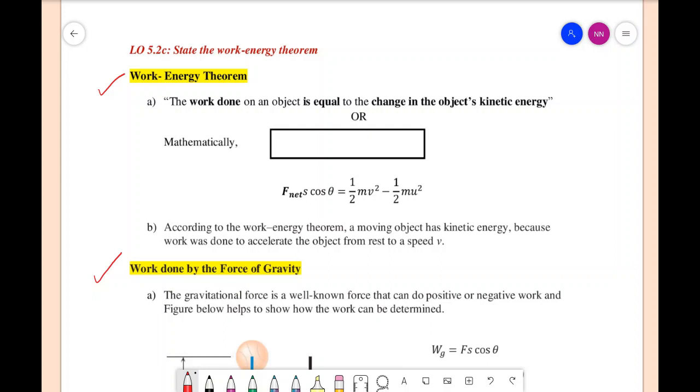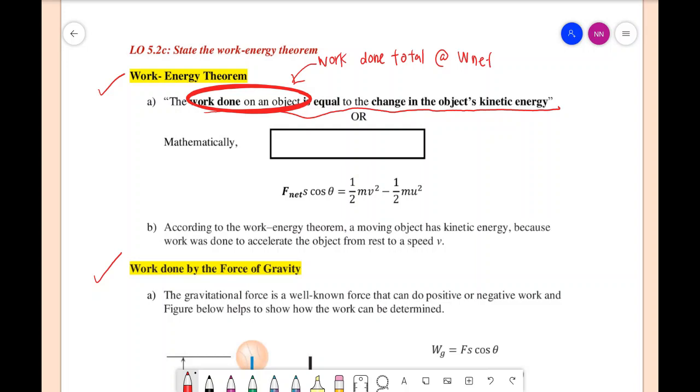For the work kinetic energy theorem, it states that the work done on an object is equal to the change in the object's kinetic energy. Work done on the object means the total work done, or net work.